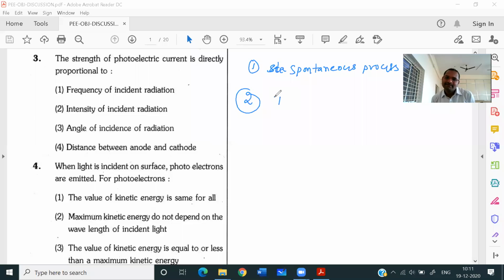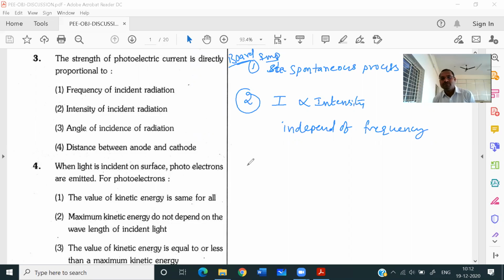Photoelectric current is directly proportional to intensity of incident light and independent of frequency. These are the laws, very important laws for your board exam. Very important laws, they will ask you.